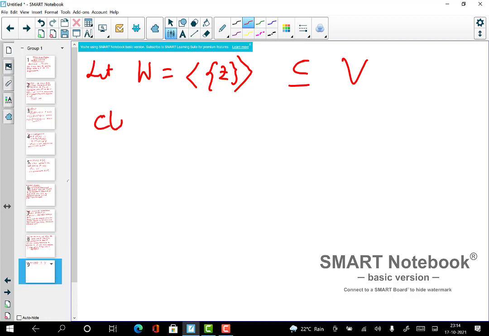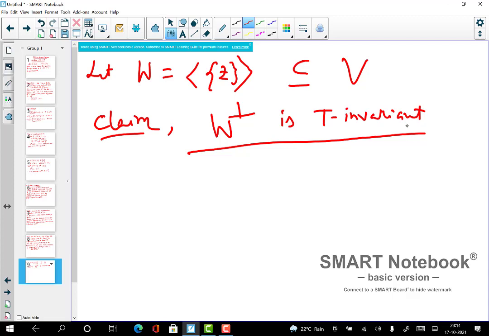My claim is that because V is finite dimensional, W perp exists, and this W perp, which is the orthogonal complement of W, is T invariant. This is my claim. Okay, so obviously W is T star invariant, and if W is T star invariant, then W perp is T invariant. This is the claim. Okay, so how to prove that?